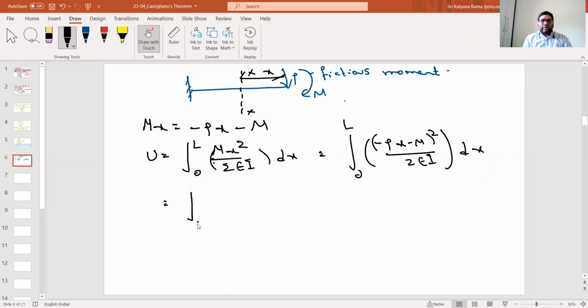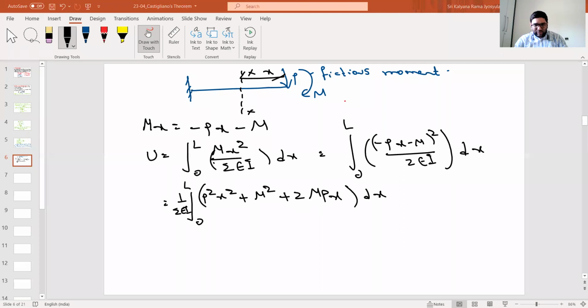So what do we get? Let us take 1 by 2EI out: integral 0 to L of P squared x squared plus M squared plus 2MPx dx, isn't it?